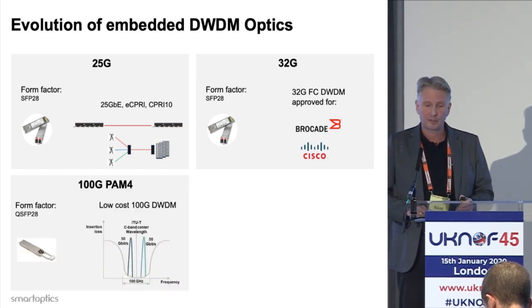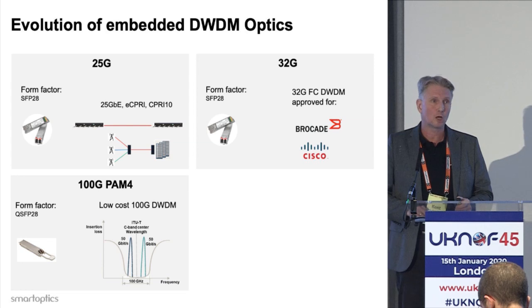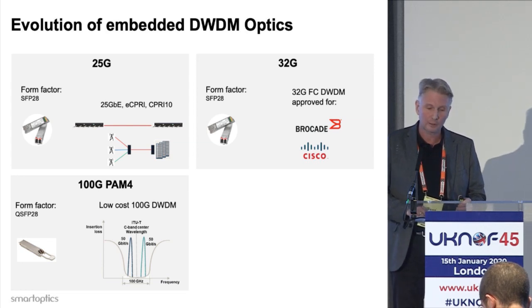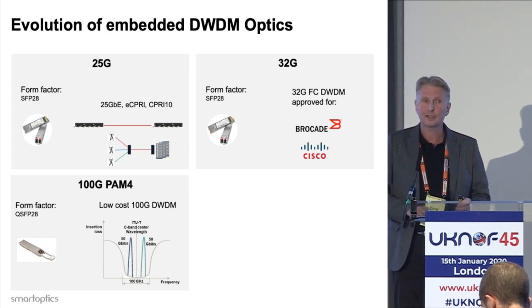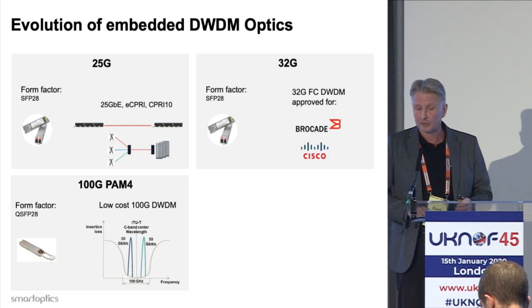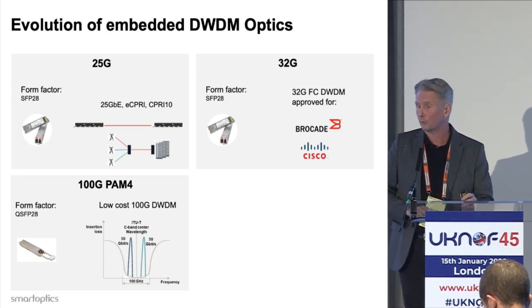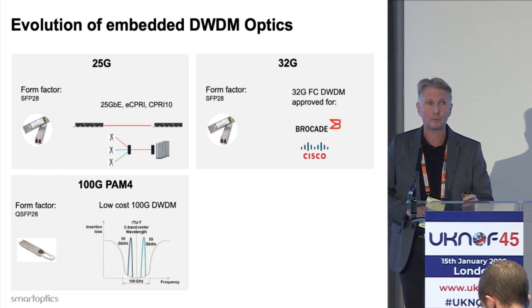Then we have the 100 gig PAM4. This is something that we have been working with quite a bit, and we've seen a lot of traction around. There was an announcement yesterday that they've now been sold and deployed in over 100,000 units. It's primarily driven by Microsoft, which has been doing a lot of deployments with 100 gig PAM4 directly in an embedded environment.